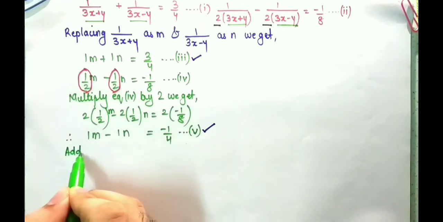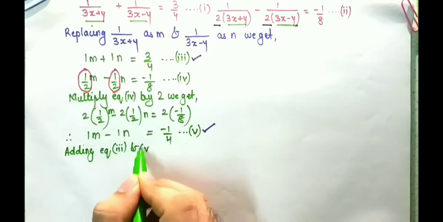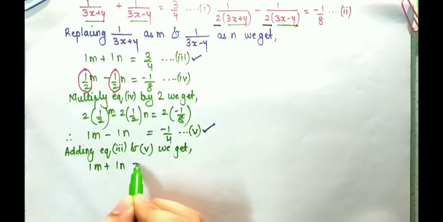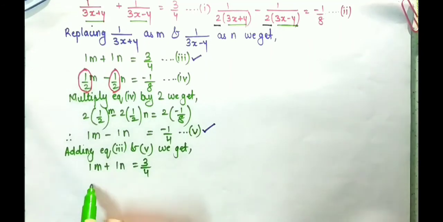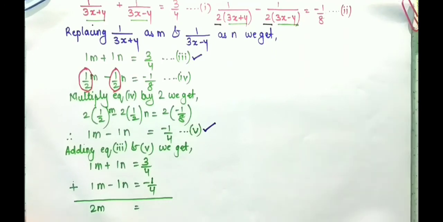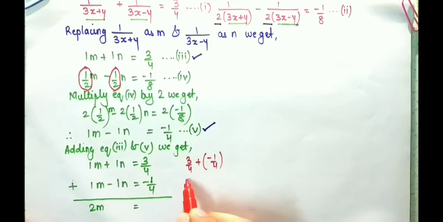Since the coefficient of n is equal but in opposite sign, I will be adding equation 3 and 5. 1m plus 1n is equal to 3 by 4 and 1m minus 1n is equal to minus 1 upon 4. The n gets cancelled and we get 2m is equal to, I will be solving this fraction side by side, 3 upon 4 plus minus 1 upon 4.